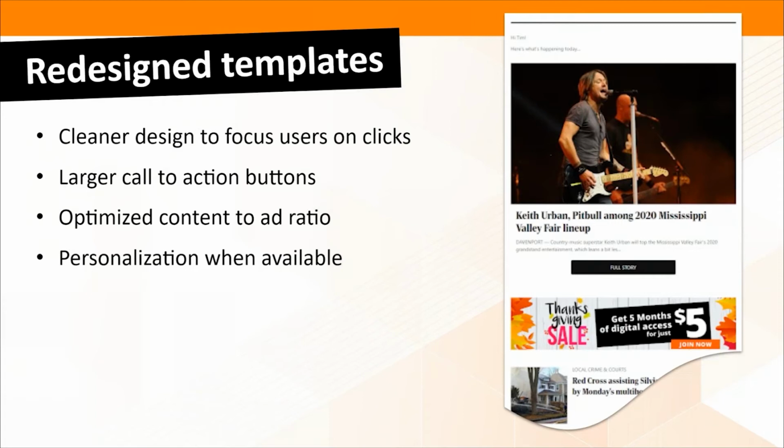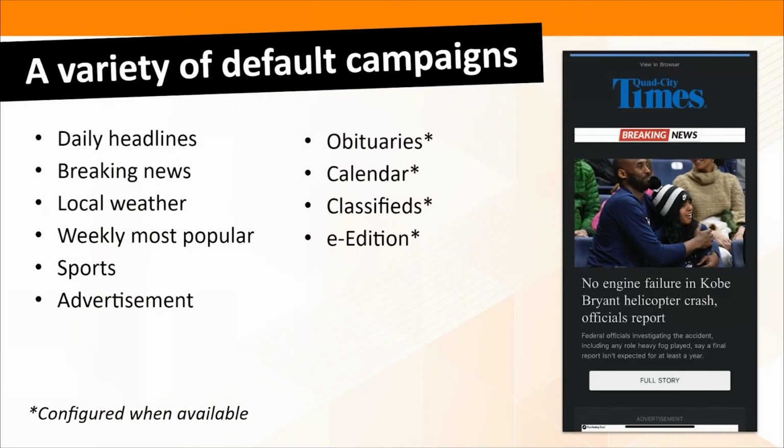So the first phase is we've overhauled what we're pushing out as our default layout for email newsletters, and we built a few new blocks to take advantage of some of these best practices.